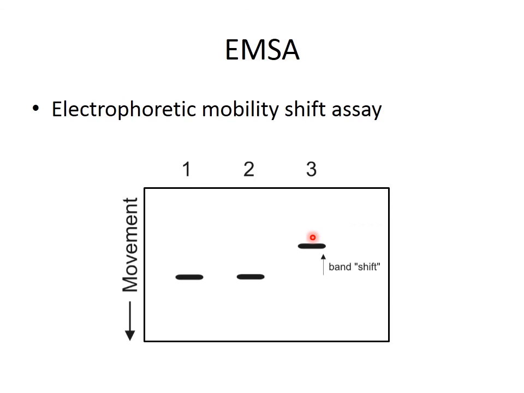As a result, the size will increase and migration will be retarded. So this results in a shift in mobility of this DNA. So this mechanism is called electrophoretic mobility shift assay, and this is a very useful technique in studying interaction of a given DNA with proteins or other interacting partners.